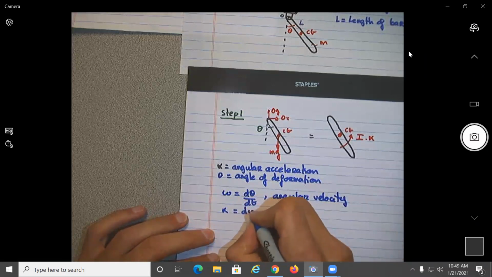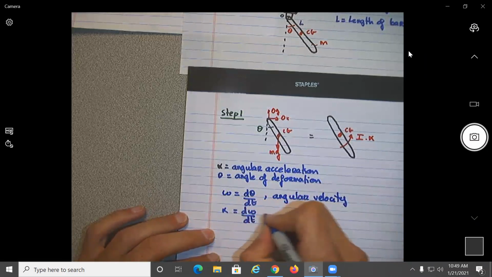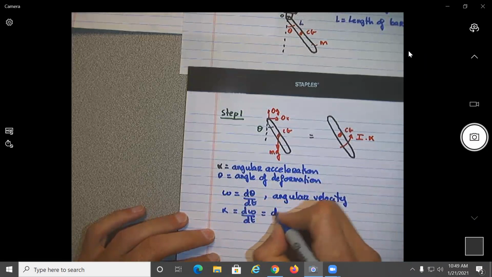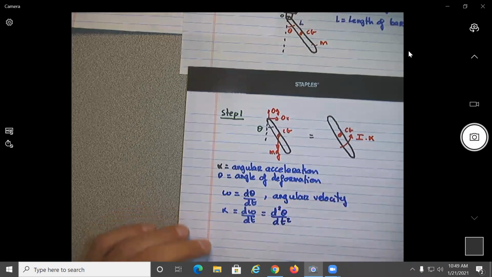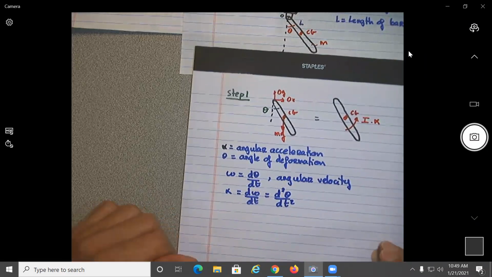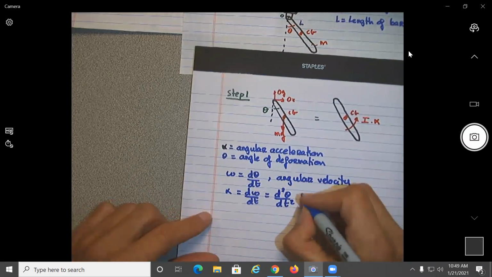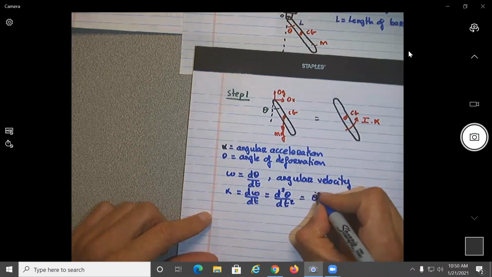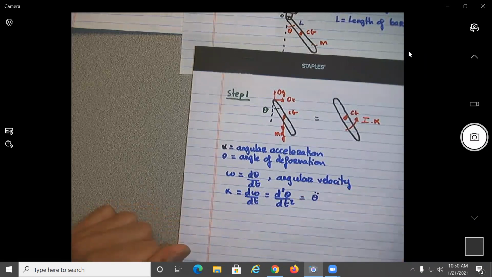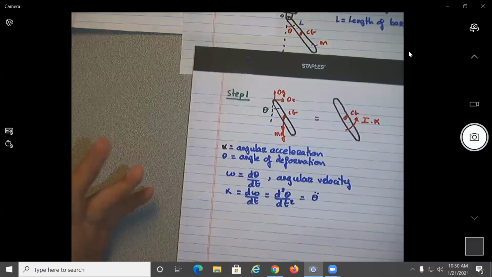Is d omega dt, but this is also what? The second derivative of theta with respect to t. Okay? And if we use the same notation as before, we could write this as theta double dot.